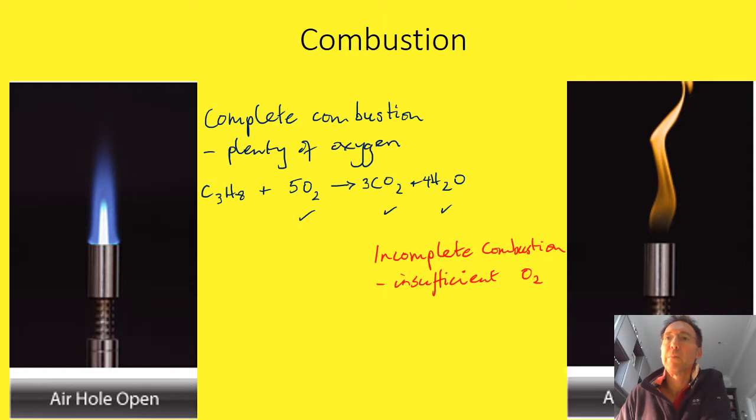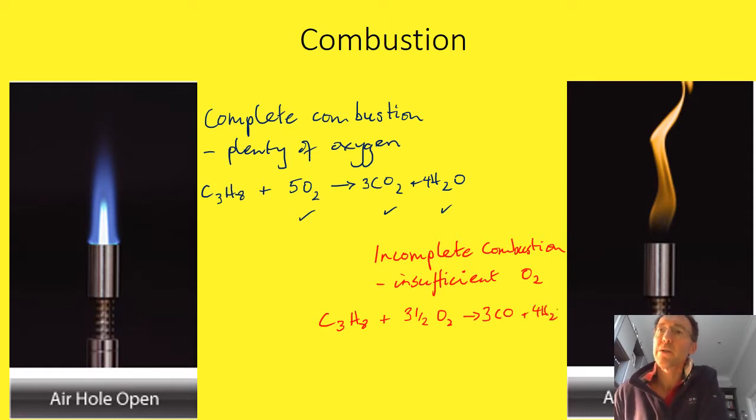So let's have a look at the balanced equation for incomplete combustion of propane again. So propane, C3H8, and if we have too little oxygen, let's say at this time we've only got 3.5 moles of oxygen to go with 1 mole of propane, in which case we're going to make 3 moles of carbon monoxide this time, and still some water vapor.